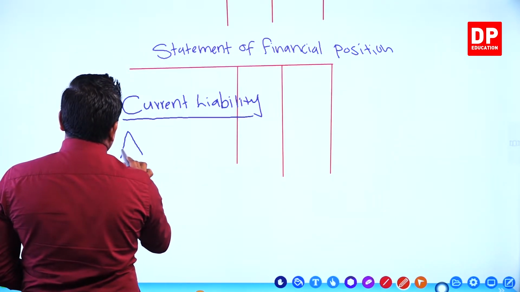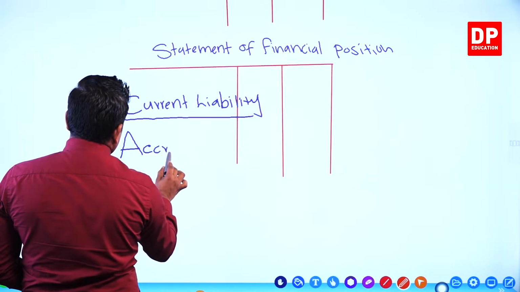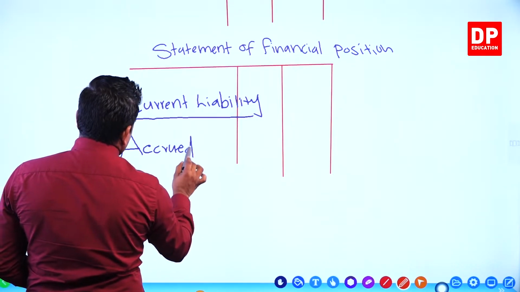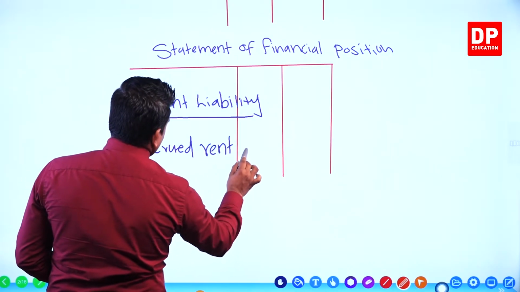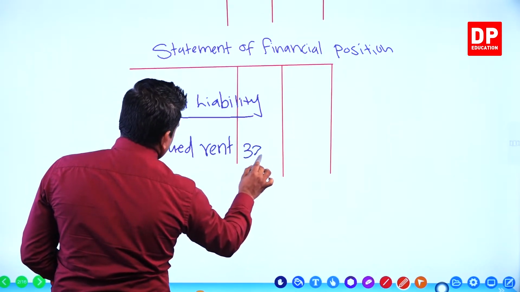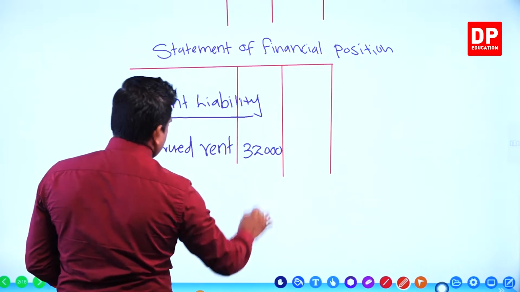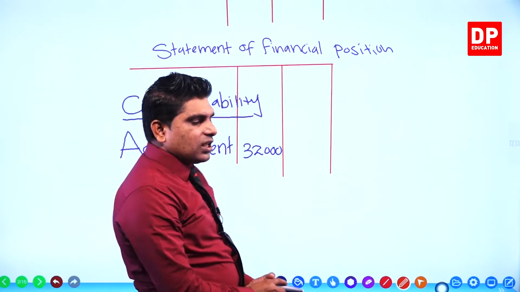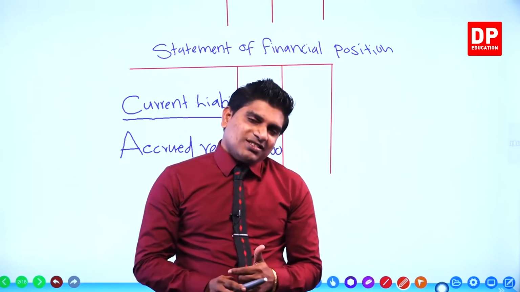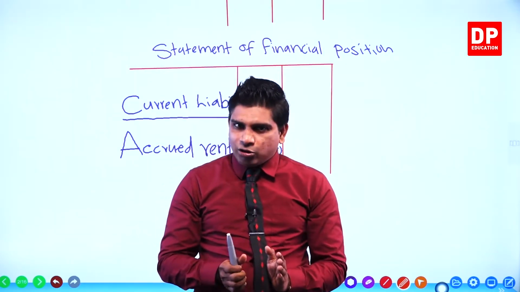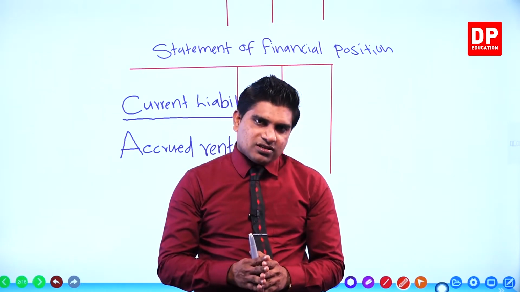Accrued expense. Accrued rent. How much? 32,000. This is the way. I think you understood well.